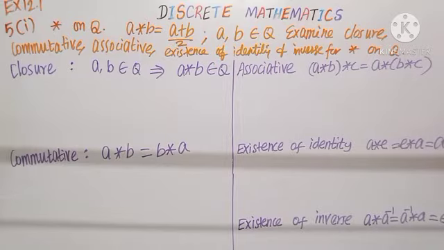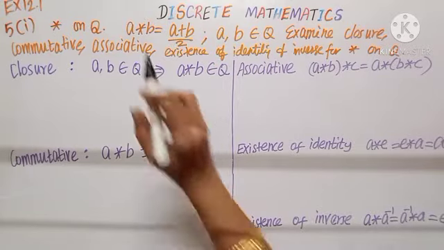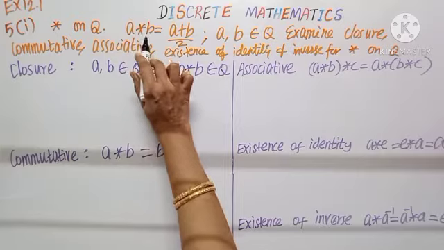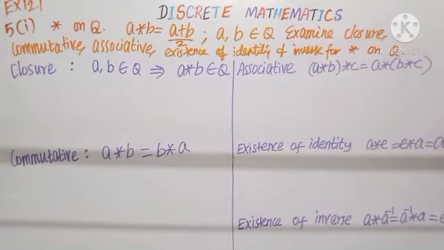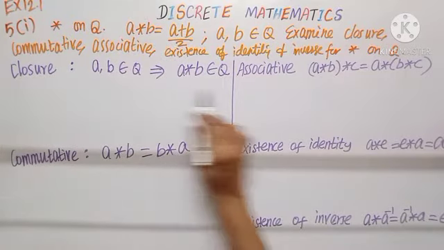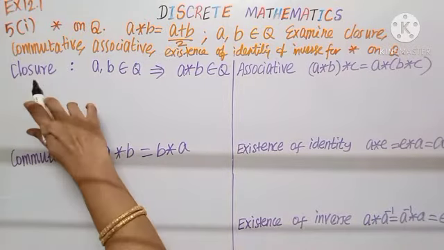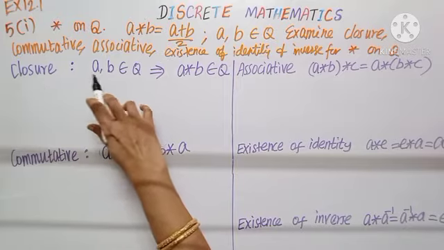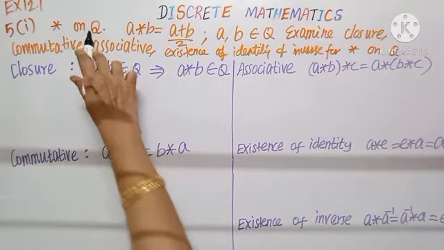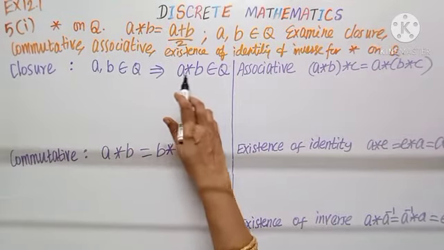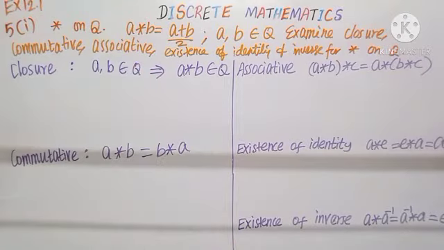Define an operation star on Q in such a way that A star B equals (A plus B) by 2. We need to check the 5 different properties. Closure: we know the formula, if A, B belong to the set, then A star B should belong to the set.